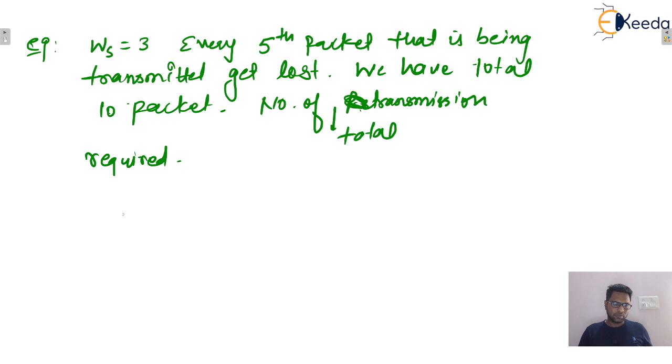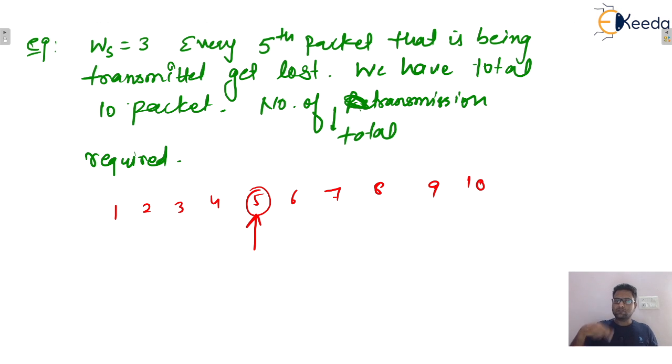So you tell me. 1, 2, 3, 4, 5, 6, 7, 8, 9, 10. These are the packets, and every fifth packet gets lost. So whenever the fifth packet is lost, only the fifth packet will be retransmitted, isn't it? Here the window size will not affect the answer.